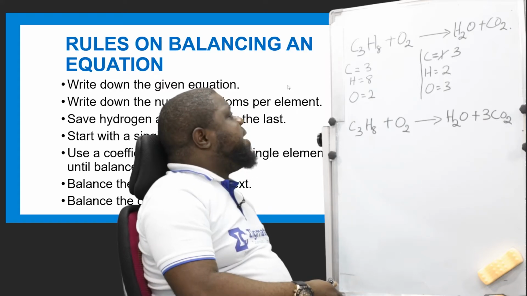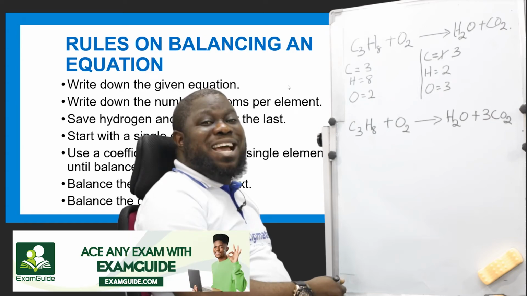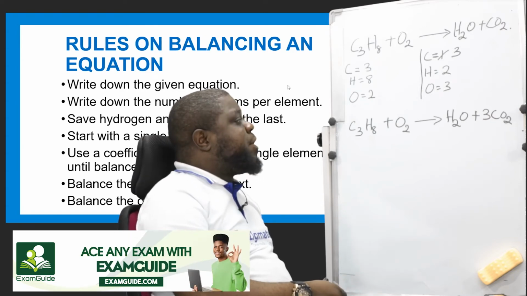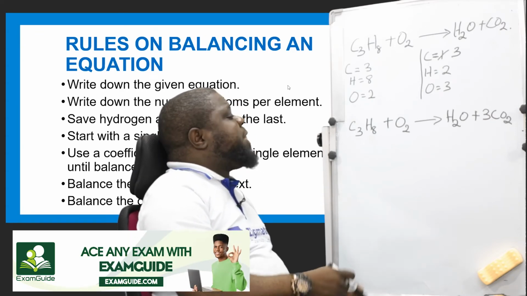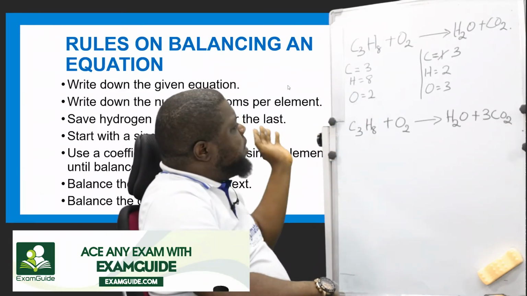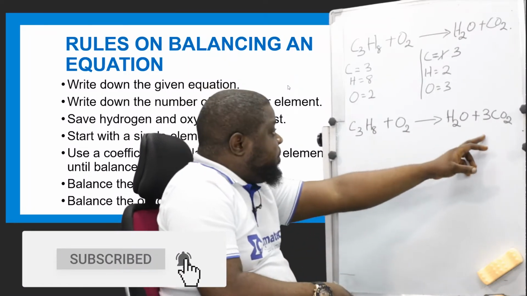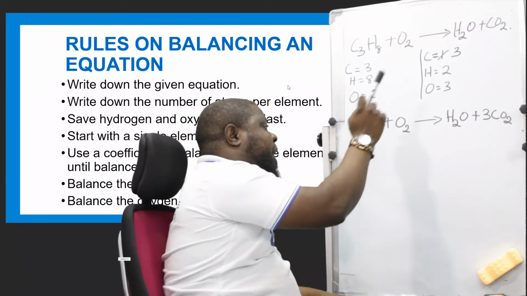Now, the next one says, balance the hydrogen atom next. Now, what are we going to add to hydrogen? If you check, hydrogen here is 8 on the left, and hydrogen here is 2 on the right. What do we add to hydrogen that will make hydrogen 8 here and 8 here?